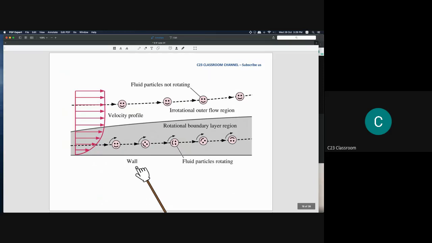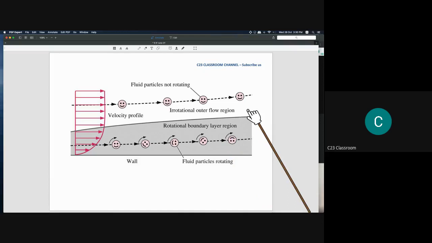So the idea of rotational and irrotational will become something like this. For example, if our molecule is moving from left to right, and at the same time the molecule rotates itself like this, we call this rotational flow. And for this one, if the molecule is moving from left to right and the molecule is static like this, not rotating, it is irrotational flow.